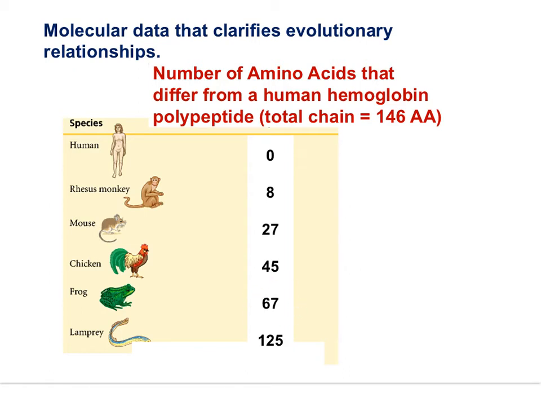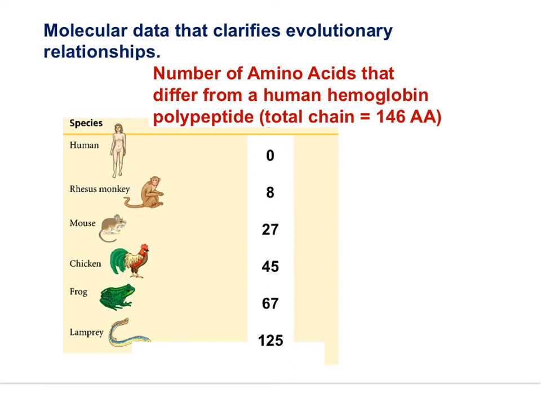The human is more closely related to the monkey than the human is to the frog. The human and the monkey shared a common ancestor that lived relatively recently as compared to the common ancestor of the human and the frog. When comparing two species, the number of base differences or amino acid differences in molecules is proportional to the time that has passed since the split from the common ancestor.